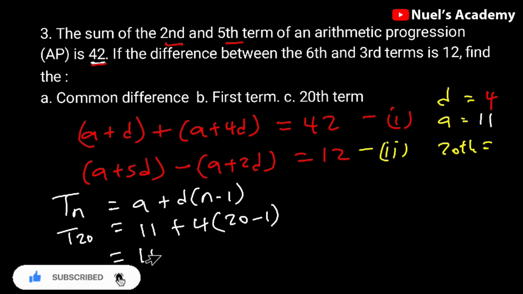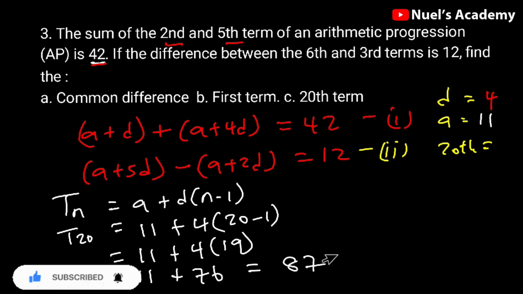So we have 11 plus 4 multiplied by 19. 4 times 19 is 76. Then 11 plus 76 is equal to 87. And so this is the answer to this question.